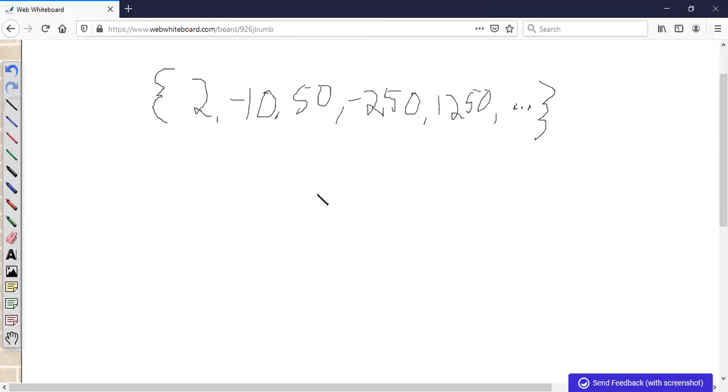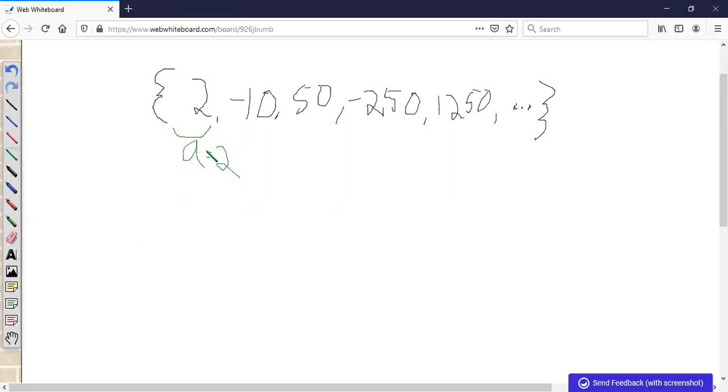one of the first things we look at then is, well, if we need to treat this like a geometric series, what's our A and what's our R? So here, A is just the first term, so A is 2.